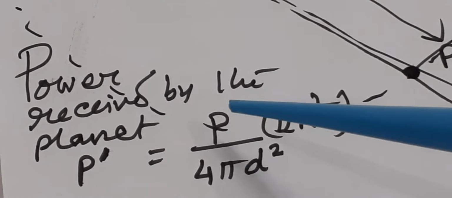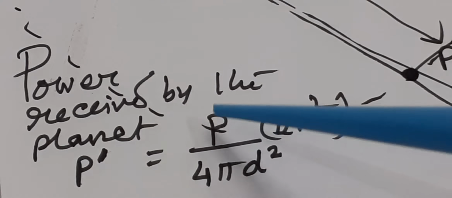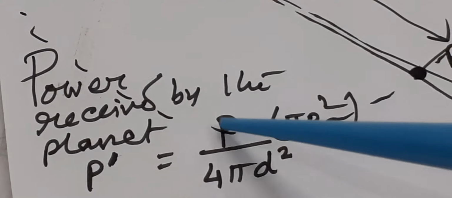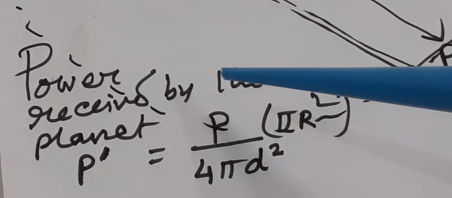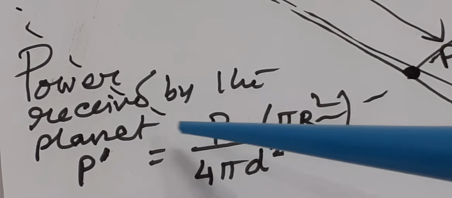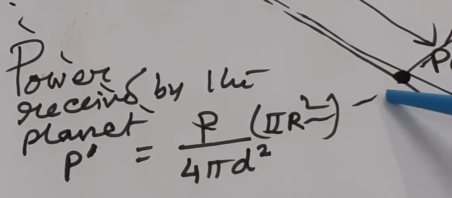That is how much? Part of it, that is total energy power generated by the sun divided by pi d square. That will be the per unit area, whatever amount of power coming out from the sun, into this cross section area of the planet.